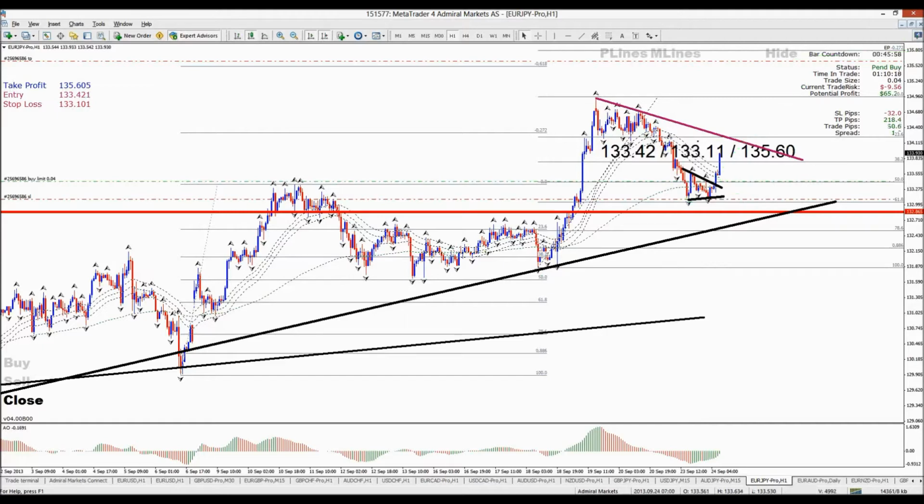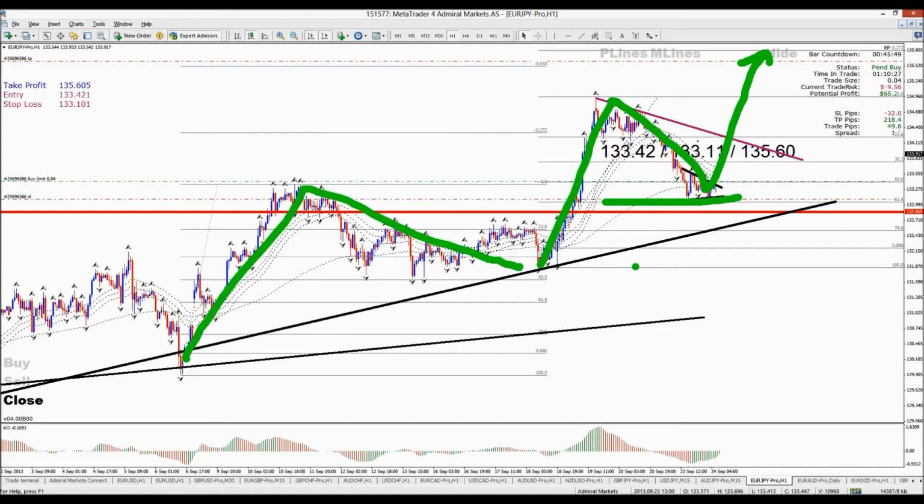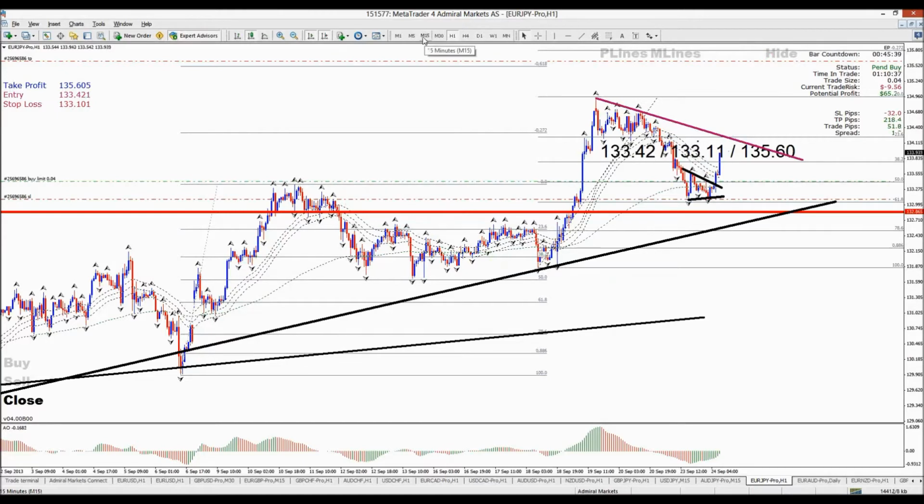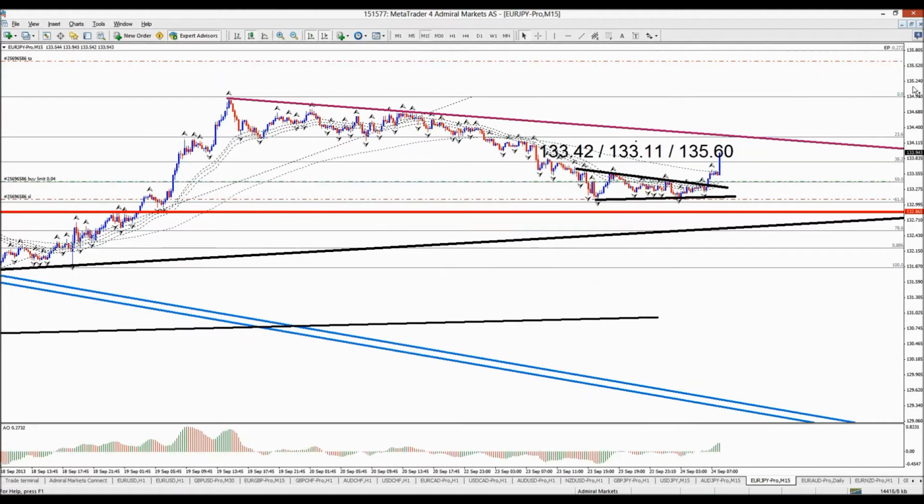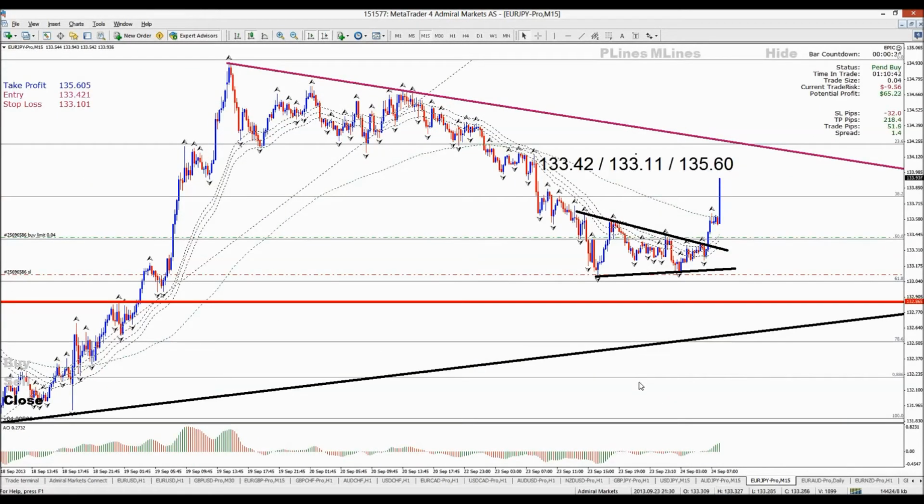Now, of course, there's some resistance in the way, but when we broke this triangle, that's why I was thinking this could be a great trade, continuation up to that target. Bounce off that 618 fib, you can see that's the setup we're looking at. Oh well. What can you do?